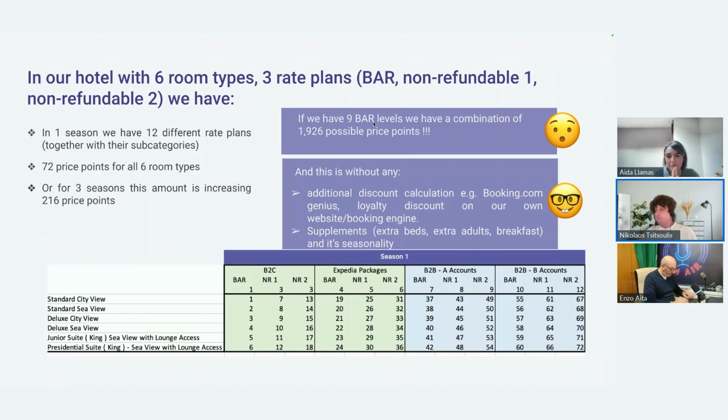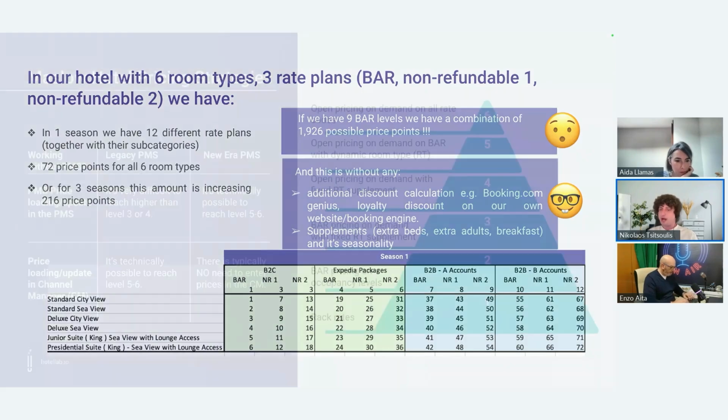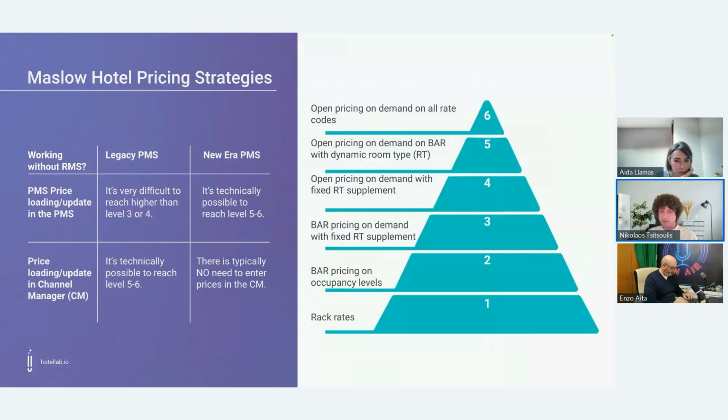This multiplied by 9 BAR levels per season brings the total calculation to almost 2,000 possible price points. And this is without considering any loyalty, as we discussed earlier, Genius, and any last minute or specific country discount. That's quite a lot to manage manually, but trust me, it is definitely possible to manage manually.